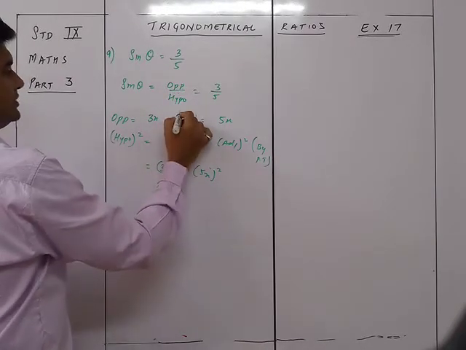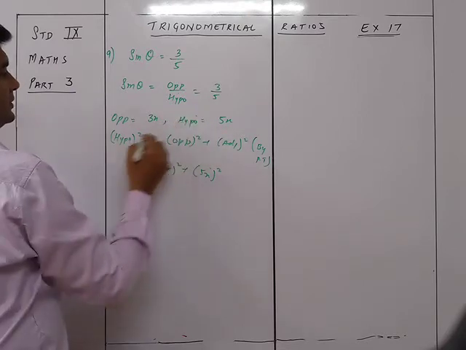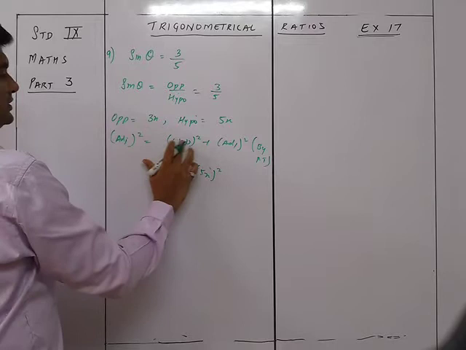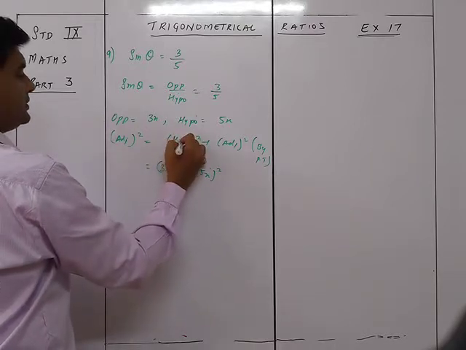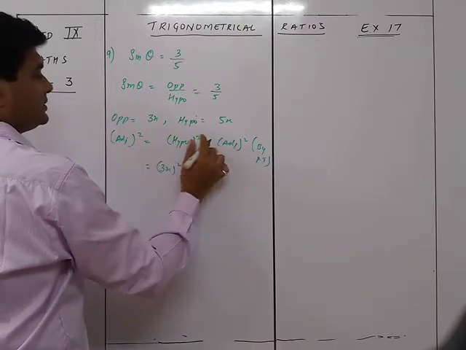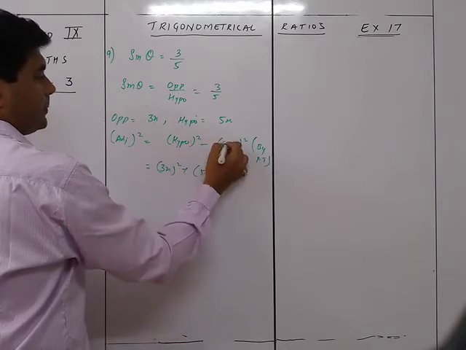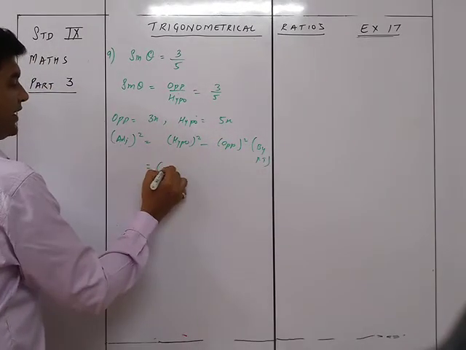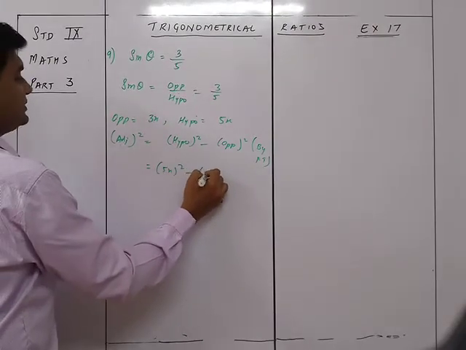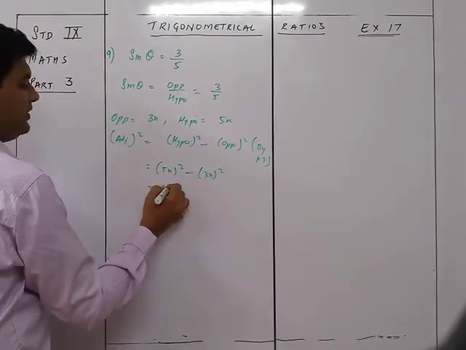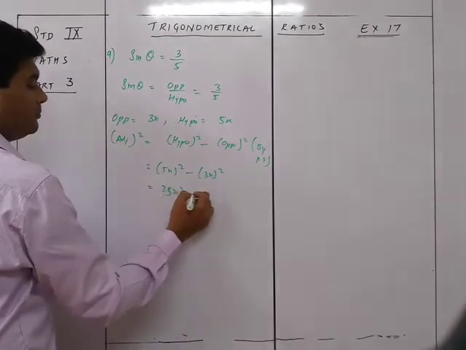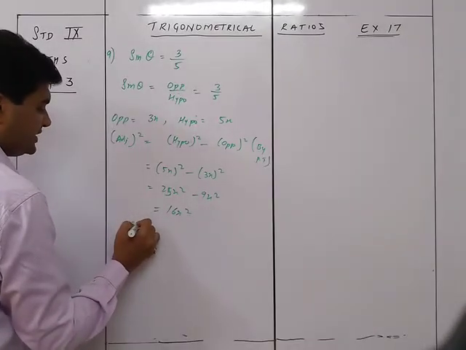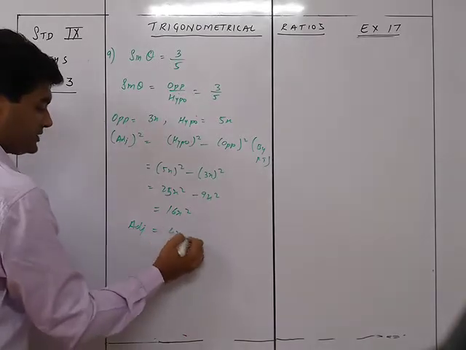So this is hypotenuse, this is opposite, and this is adjacent. So adjacent square will be 5x the whole square minus 3x the whole square, is 25x square minus 9x square, is 16x square. So adjacent is equals to 4x.